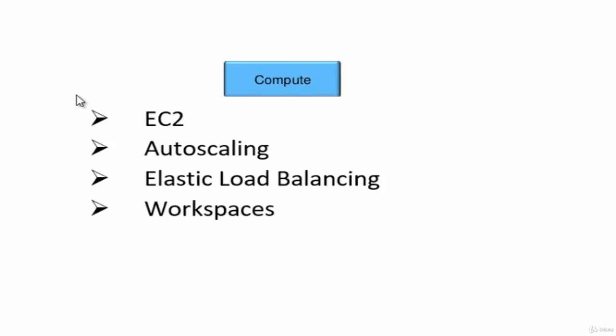The same happens when usage decreases. In some cases, if the CPU or memory utilization of the current fleet of servers goes down to a certain level, then you don't need that many instances. So you can reduce the instances by using auto scaling, and this will save you some cost.